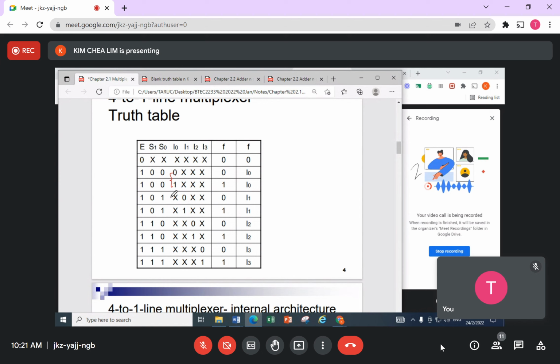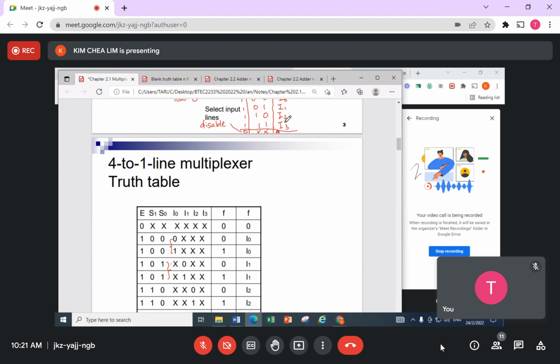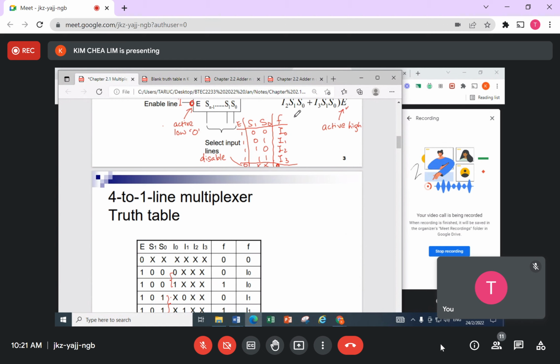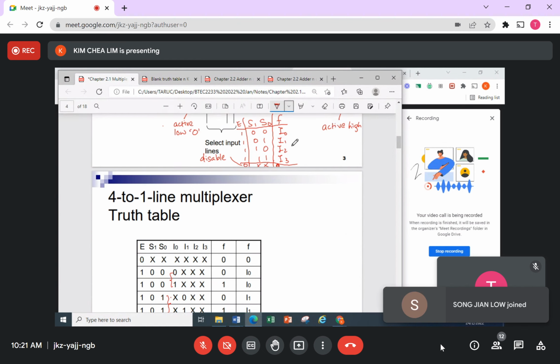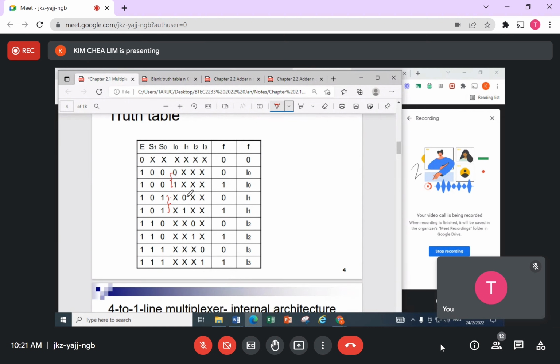The truth table that I showed you just now, I already combined the two together to make a more simplified version. So if I want to use VHDL to write a multiplexer, I will use this version rather than this one, although this is a more complete version.